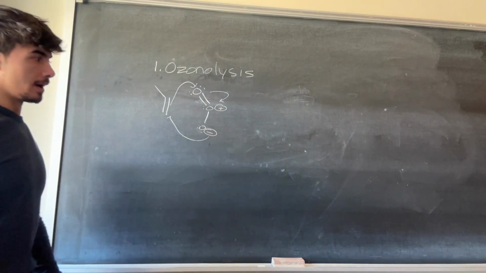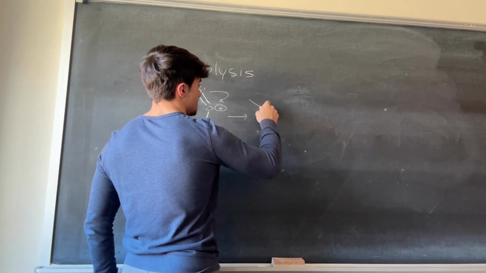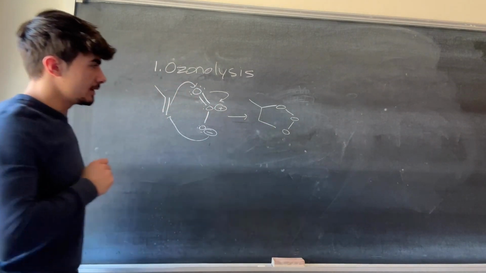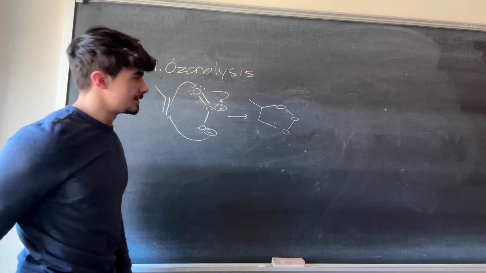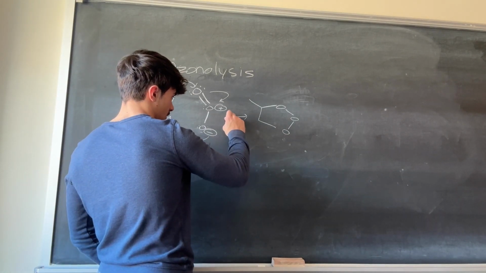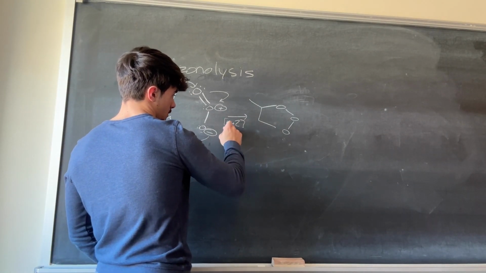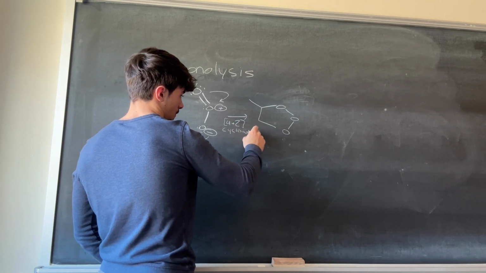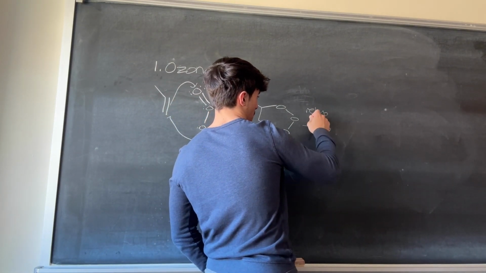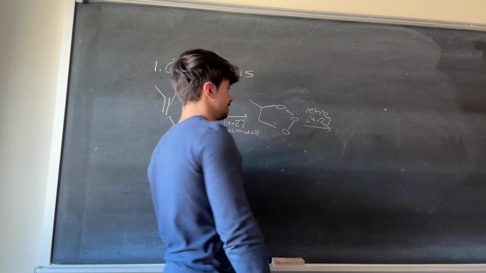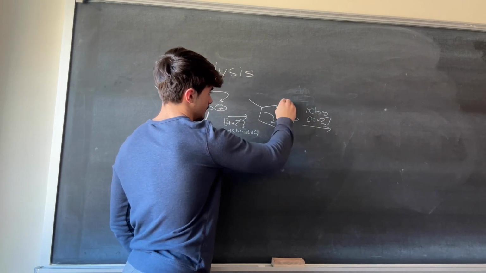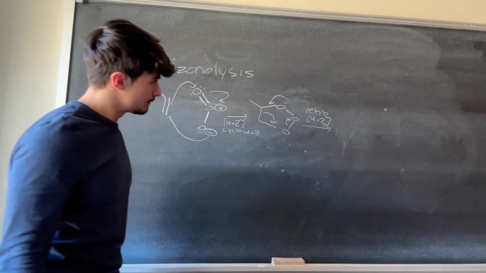This will create a neutral intermediate, but that triple oxygen is pretty unstable, so that's going to fall apart. First of all, just to specify, this is a 4 plus 2 cycloaddition. And then we do a retro 4 plus 2 here, with the arrow pushing like this, and like this, and like this.